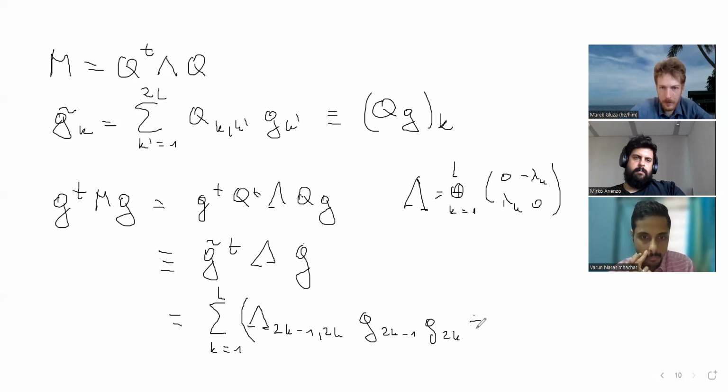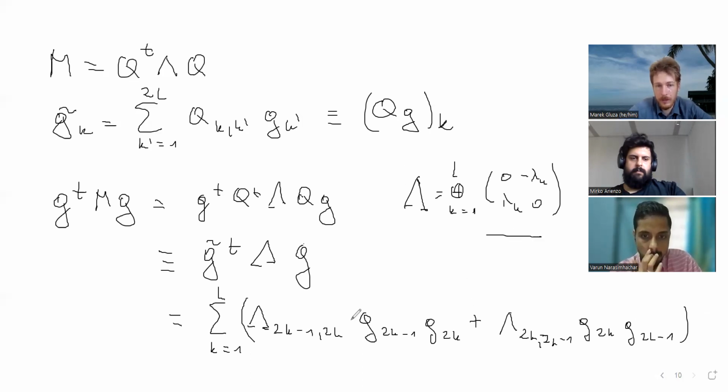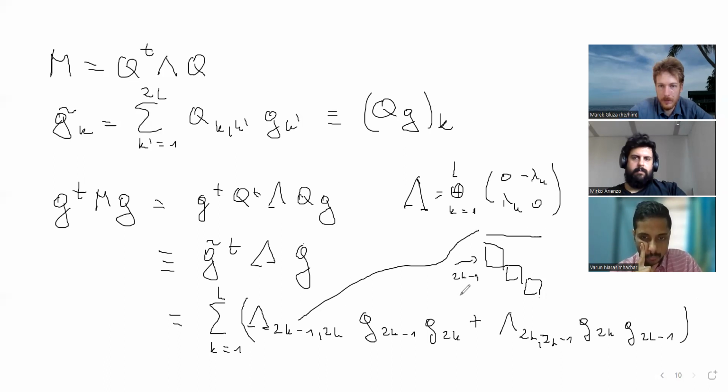And plus lambda 2k, comma, 2k minus 1, g2k minus 1. Okay, but because I have this notation, here you kind of see that I have basically a block diagonal form like this, and those 2k minus 1 and 2k variables are the ones where k is selecting the block.